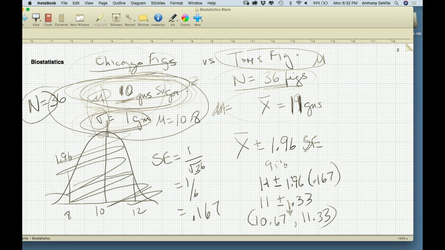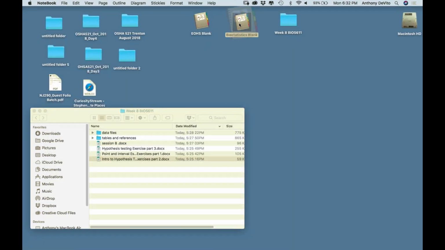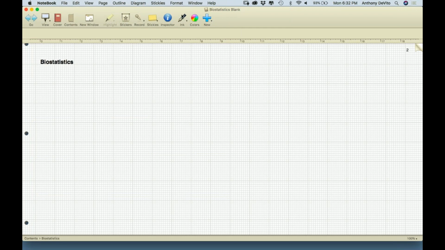So we're using the confidence interval here to try and determine whether we have enough evidence to say that our sample demonstrates that the true mean of the population that we're examining is different than a certain number.